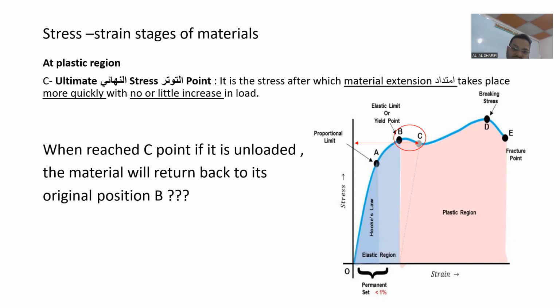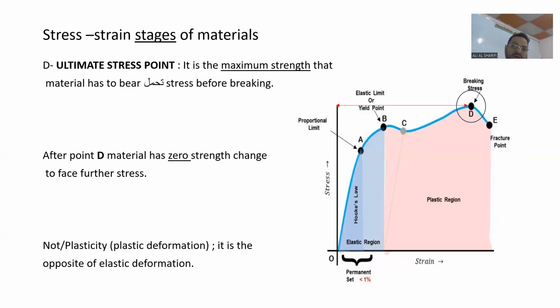When reaching point C, if it is unloaded, will the material return to its original position or not? Definitely not, because we have closed the elastic region and now we are in another region. This region is the plastic region, with no opportunity for its shape to come back to the original shape anymore.